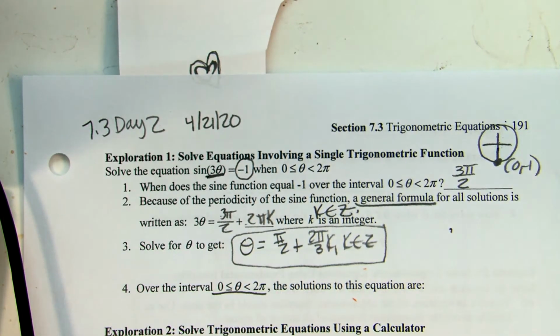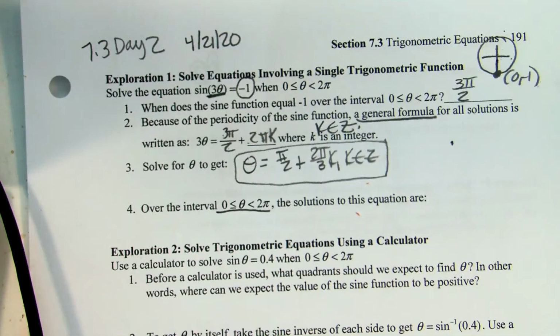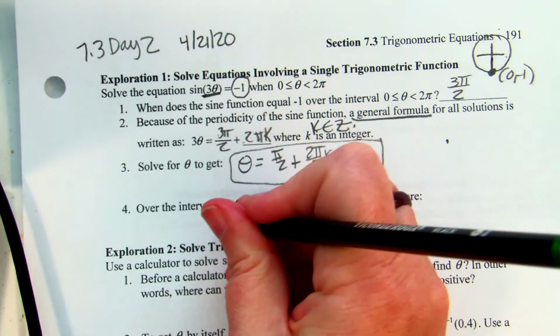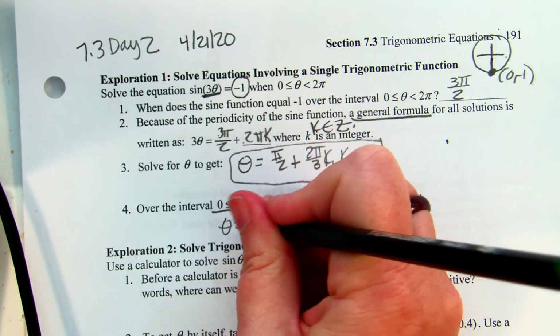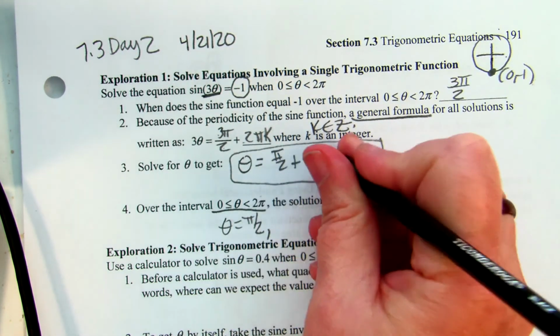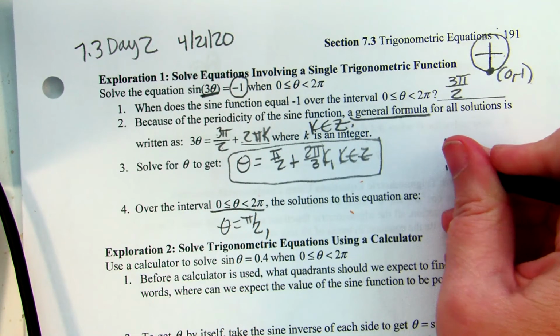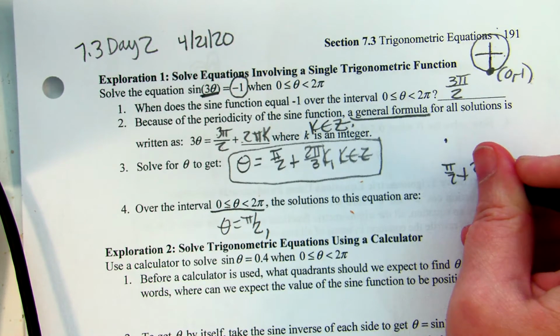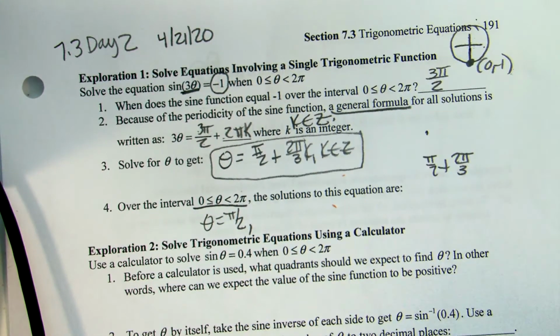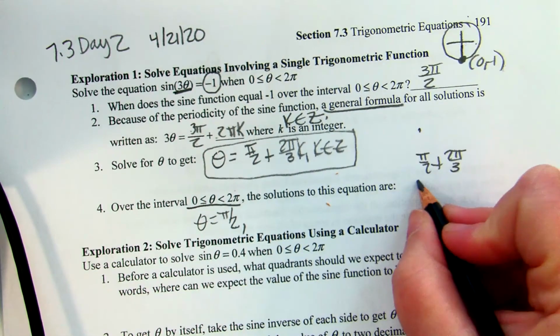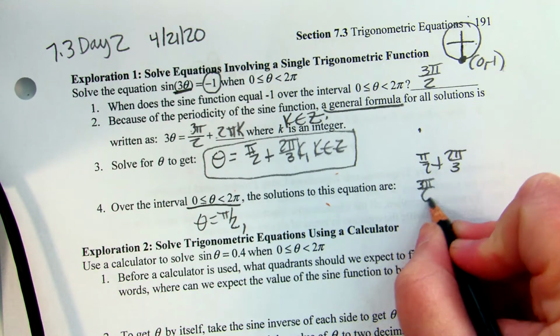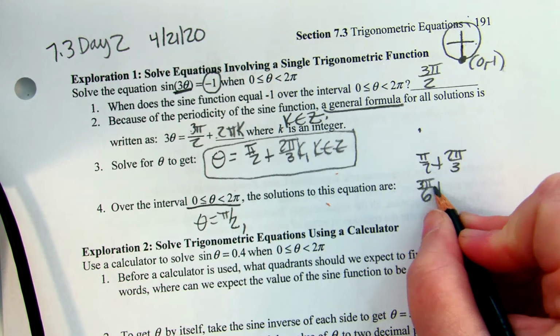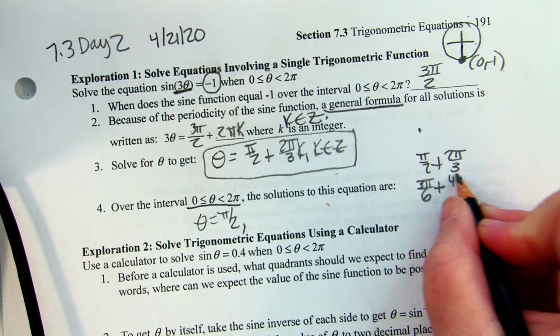So over here, if we're going to find some of the solutions, it says between 0 and 2 pi. The answer's around the unit circle one time. Theta is pi over 2, and then we're going to add 2 pi over 3 to it. So pi over 2 plus 2 pi over 3. What's the common denominator? 6. So this is 3 pi over 6, multiplying by 3 over 3, and this is 4 pi over 6.